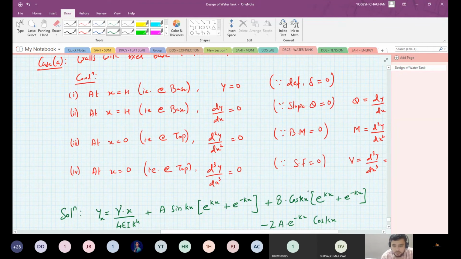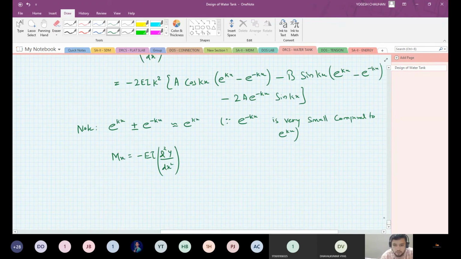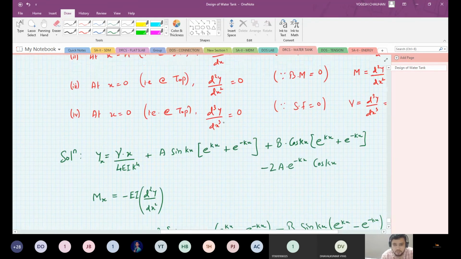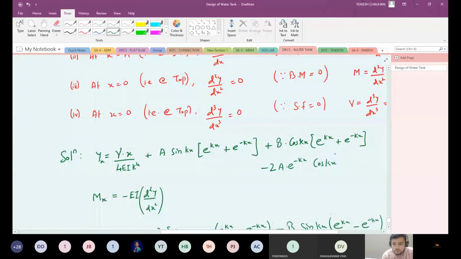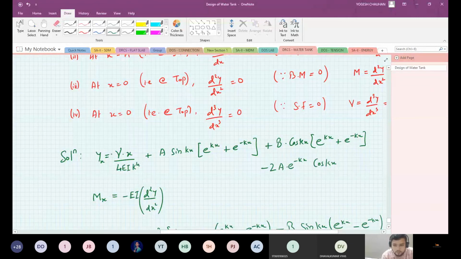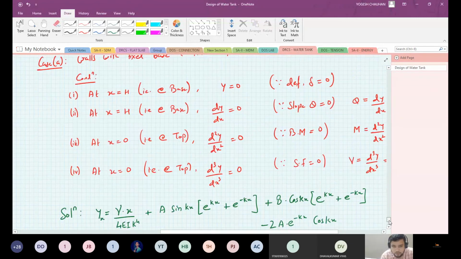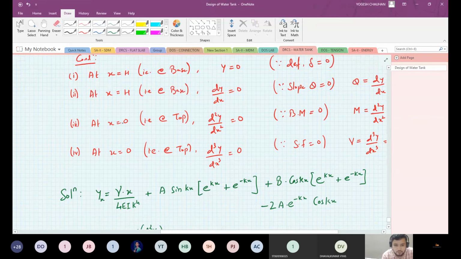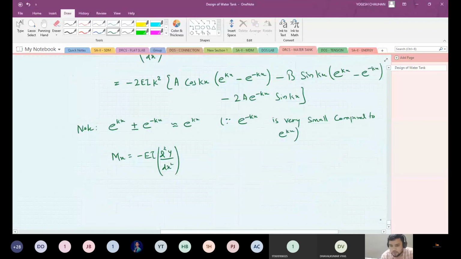Same way, you differentiate this moment expression one more time, then you will get the shear force, and you equate this shear force expression to 0 and substitute x equals 0. You will get another expression. Then at x equals h, you substitute the values of h in the first expression. Let this be number 4 and let this be number 5.